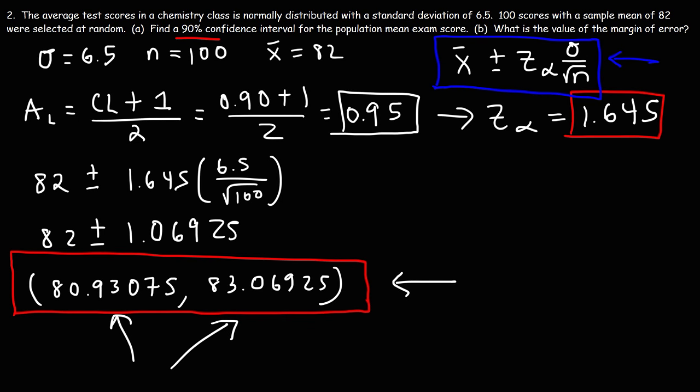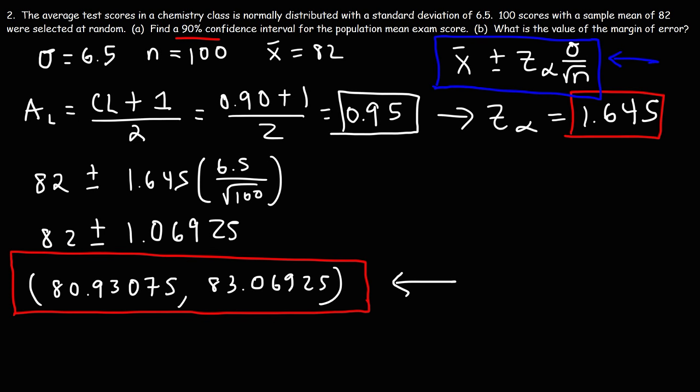The other 10 samples we expect will have a mean outside of those two values. Sometimes when you have a homework problem, you need to explain what these range of values mean in the context of the problem. So that's what you do if you have to do that.